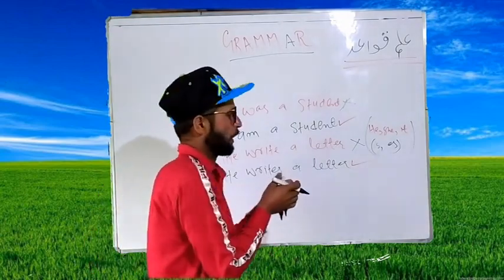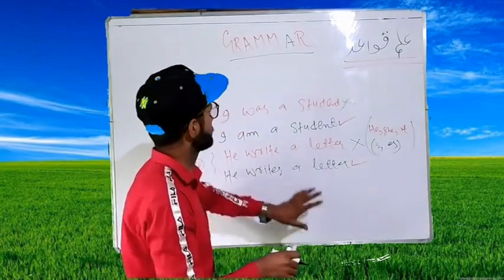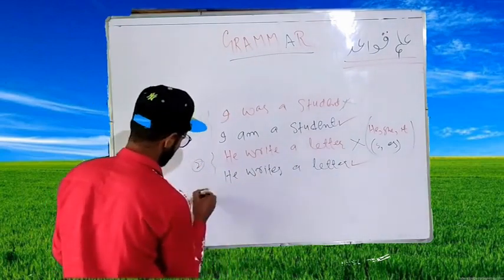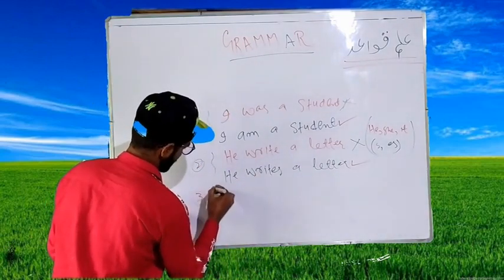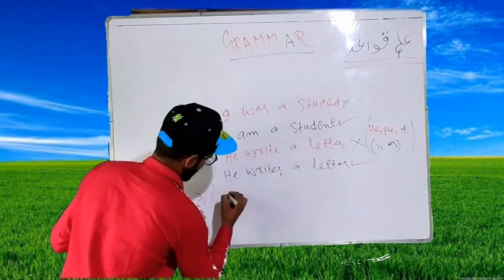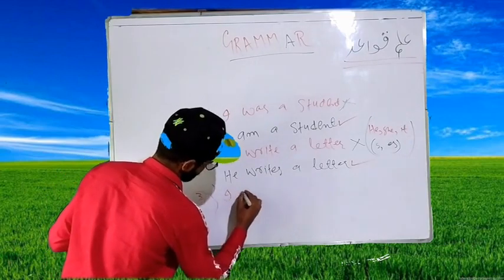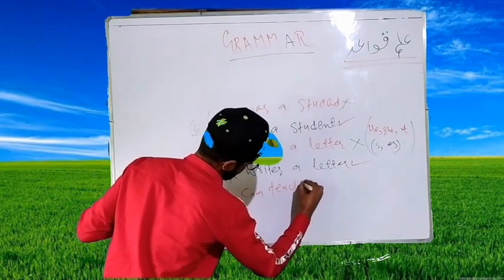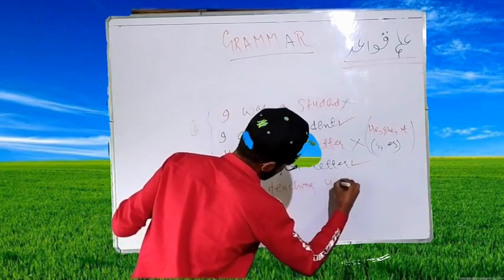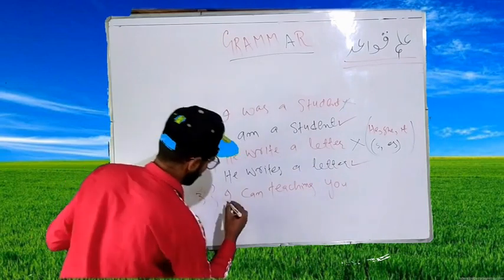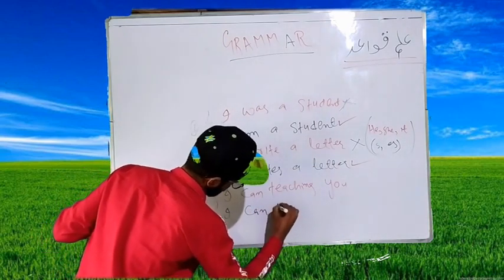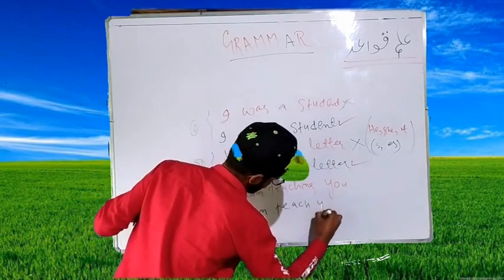We learn these points only by grammar. And now the third example I want to tell you, that is, suppose if I write here I can teaching you. And one sentence more, I can teach you.